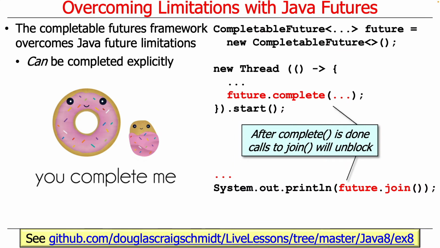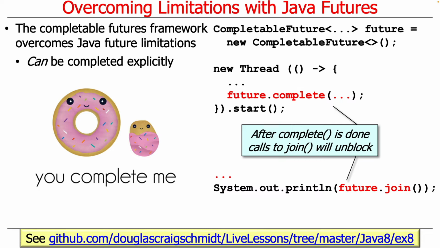In particular, one thing you can do with a completable future is you can explicitly complete it. That was one thing you could not do with traditional Java classic futures, we'll call them. So we could complete them, much like a donut hole completes a donut. So you can see here, and we'll take a look at this example later, how you can create an empty future, actually an empty completable future, and then we can spawn a thread which does a bunch of computations, and it provides a result and completes that future explicitly.